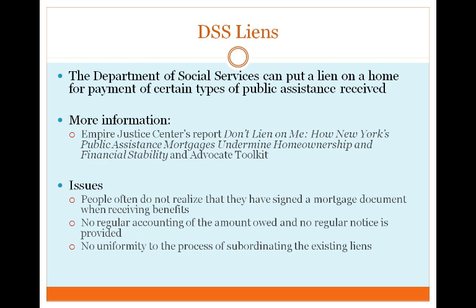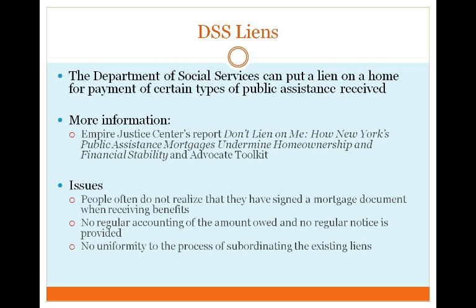And then there hasn't really been a uniform process for subordinating these existing liens. We've tried in our county to develop a relationship with the county attorney to see if there's anything that can be done, but there really hasn't been a lot of welcoming with open arms to trying to figure out a solution to this.